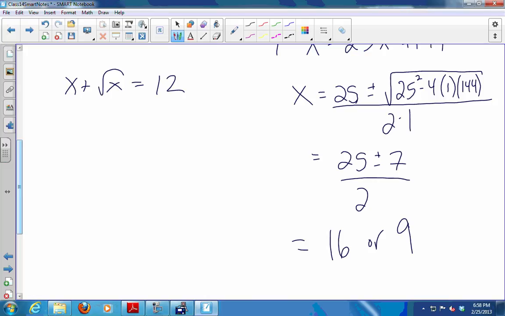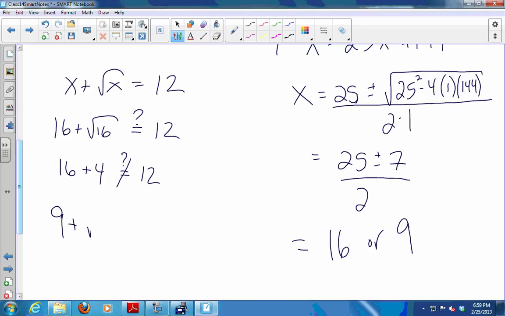So if I plug in 16, I get 16 plus the square root of 16. I want to make sure that equals 12. 16 plus 4, does that equal 12? No. Okay, so 16 is not a solution. Let's try the 9. 9 plus the square root of 9. That's 9 plus 3. Is that 12? Yes.